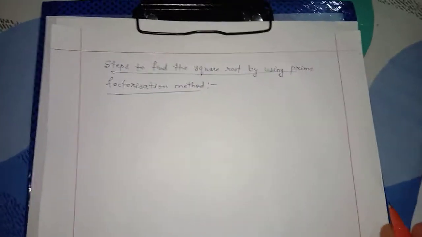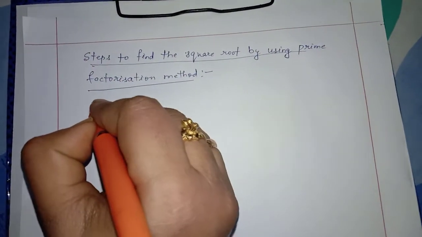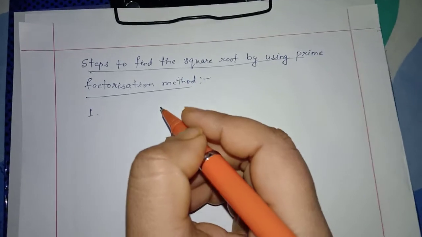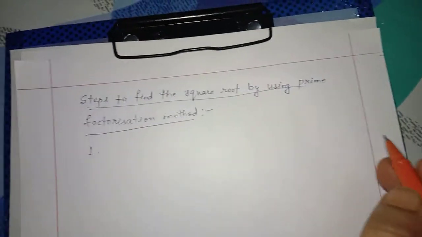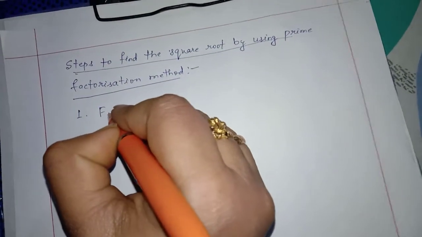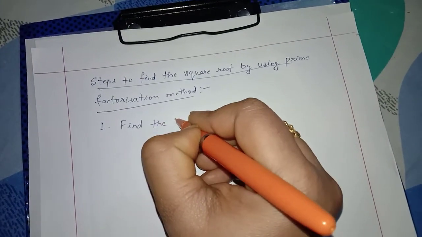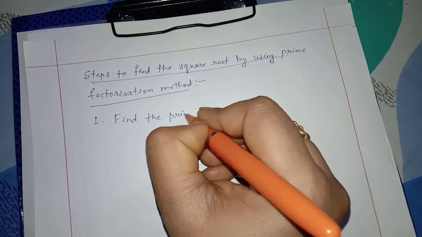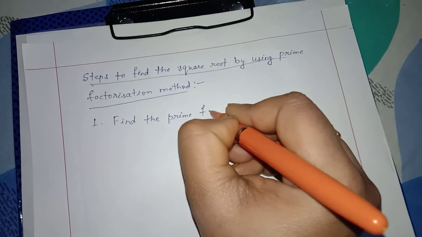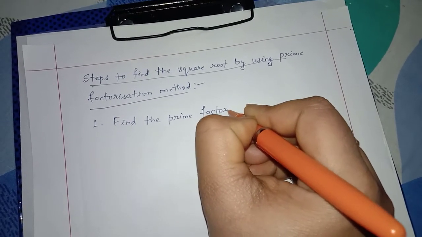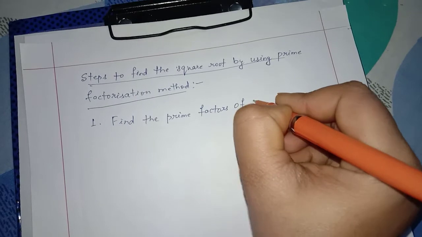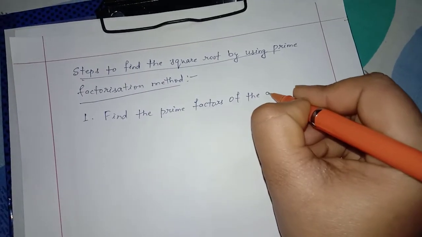I am explaining here step-wise. So step 1, find the prime factors of the given number.